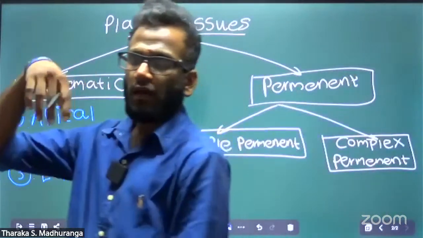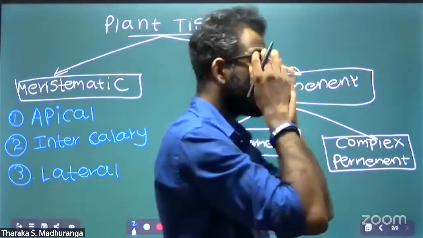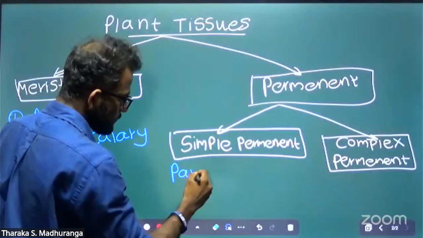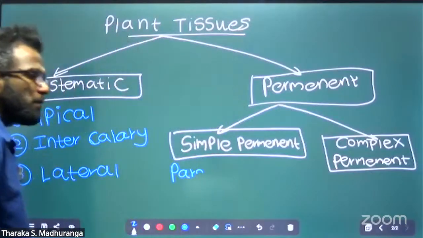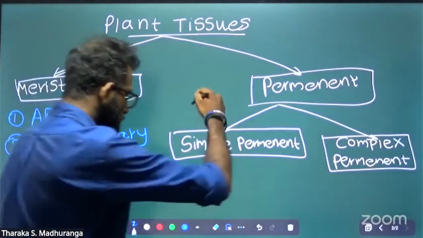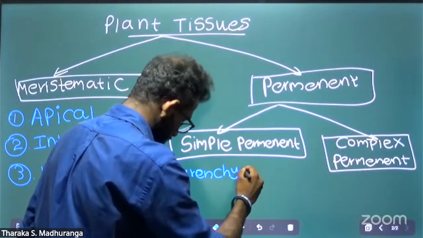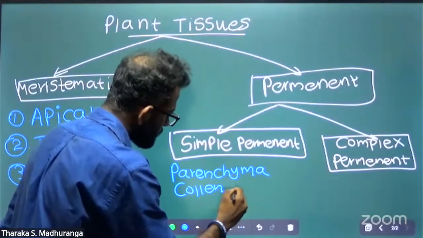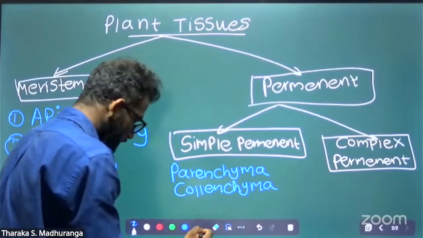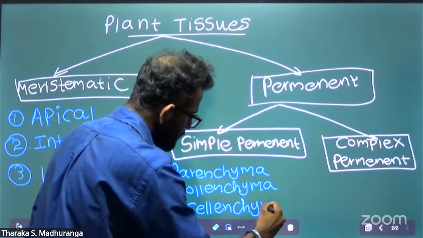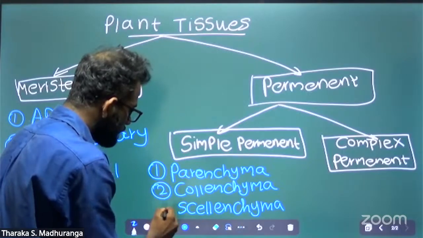As examples, parenchyma, you already know parenchyma, collenchyma, and sclerenchyma. Okay, this is the first one, this is the second one, this is the third one.